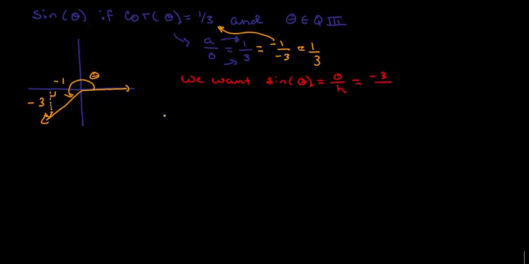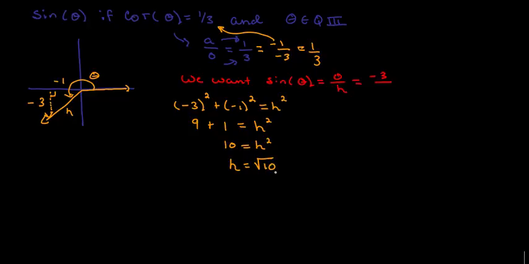So that means we can take -3 and square it and add it to -1 squared, and that should be equal to the hypotenuse squared. So this is going to give me 9. This will give me 1. So h is equal to the square root of 10.